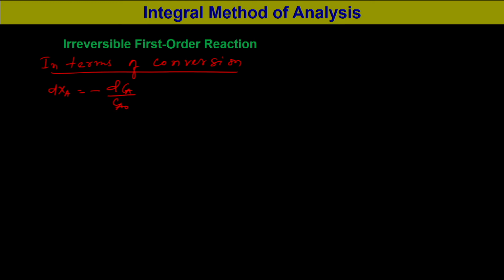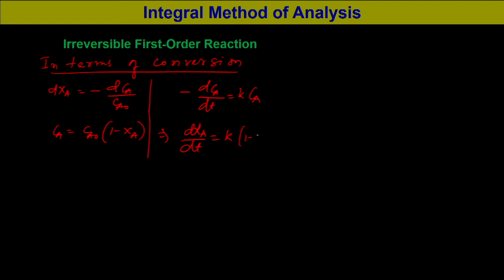So, if we substitute in the earlier expression, that is minus dC A by dt would be equal to k C A, and C A is equal to C A naught into 1 minus X A, we can write this expression as dX A by dt would be equal to k into 1 minus X A.